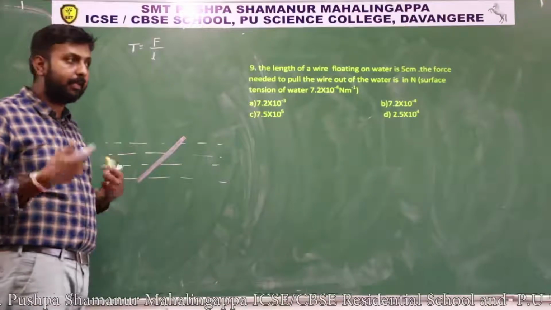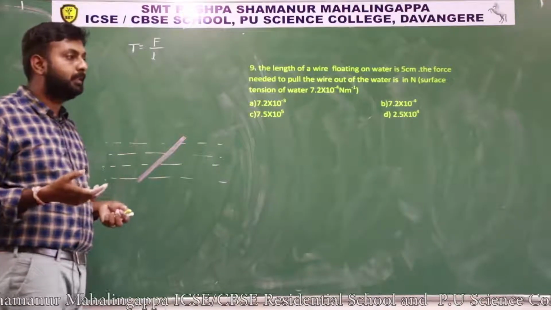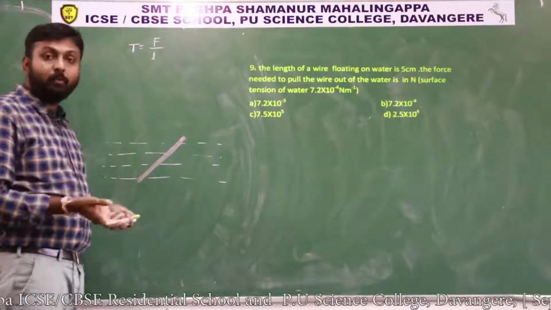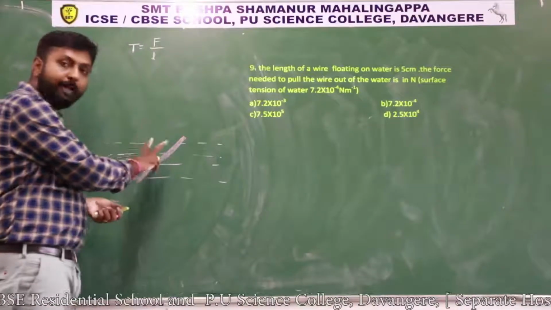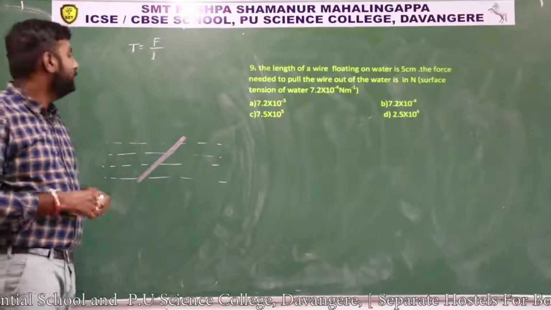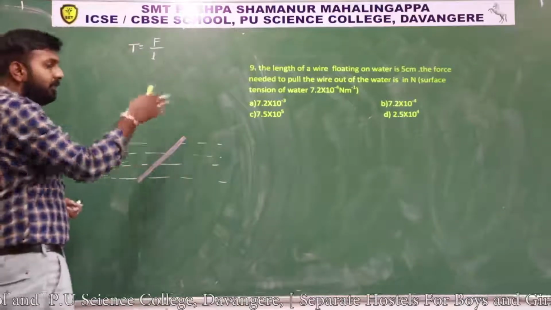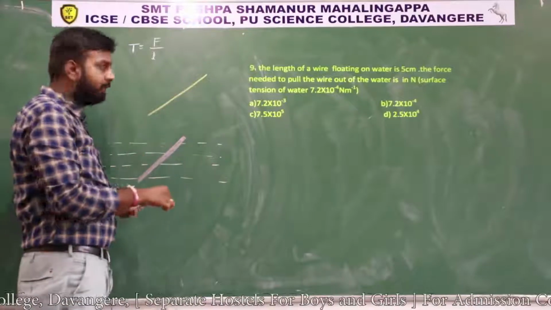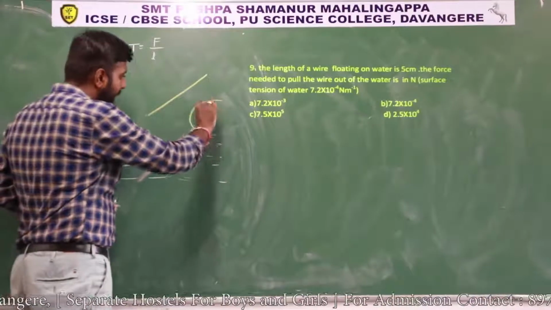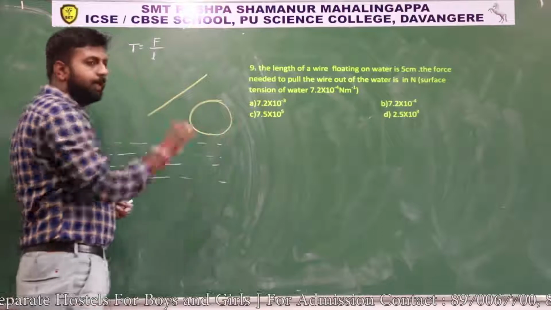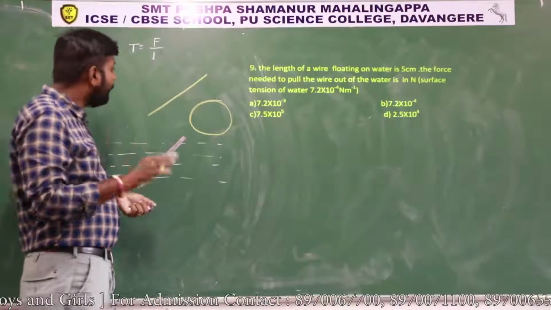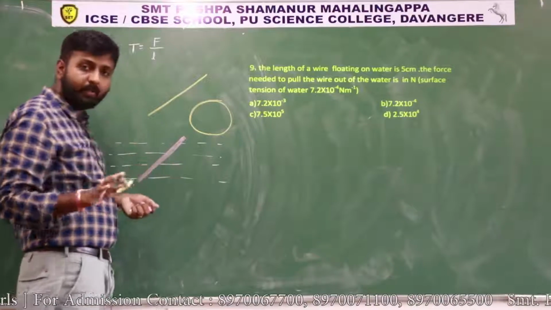Remember, we are calculating how much additional force we have to apply, that is how much force we have to apply additional to the weight of this wire. So in the case of wire, or if you bend it, you can make that as a ring. Wire or ring, anything you consider. How many surfaces do we have to consider?